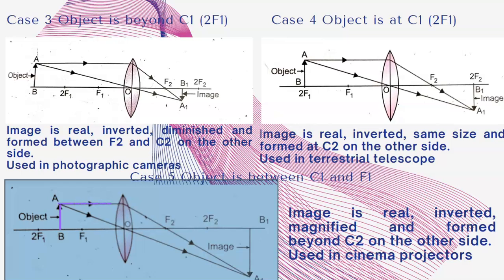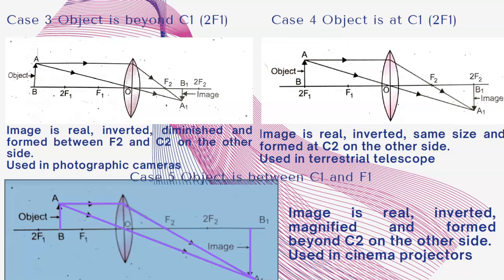A ray of light from the head of the object goes straight, hits the lens, it is refracted and goes along this path. Second ray of light straight passing through O, undeviated. Both the rays meet at this point and here we get an inverted image.